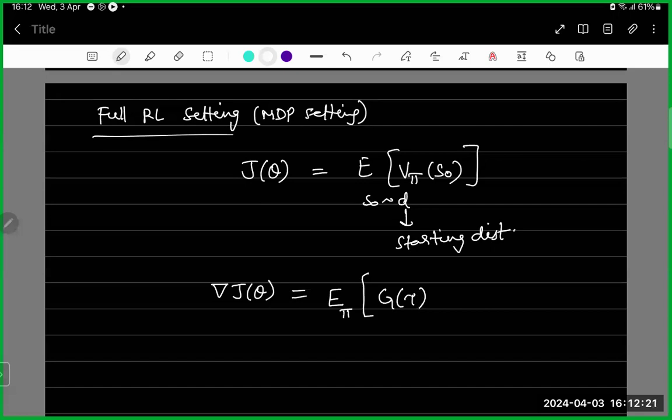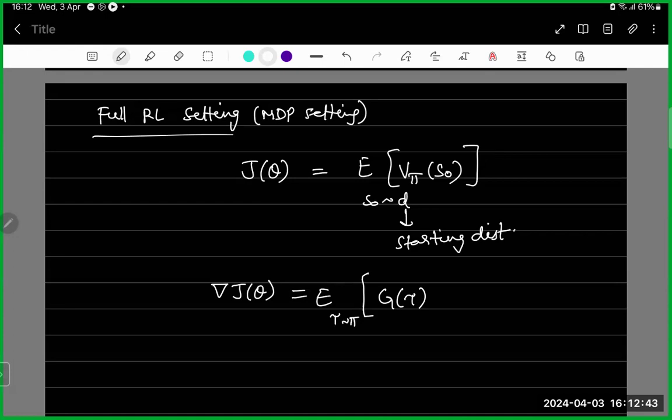Here, instead of the reward, we substituted the trajectory's return, where tau is the trajectory obtained by following some policy.